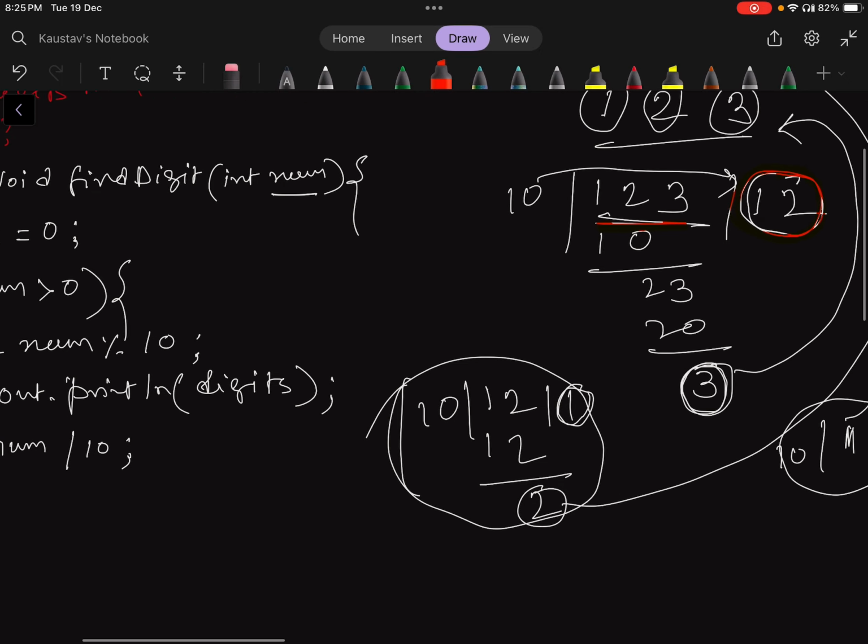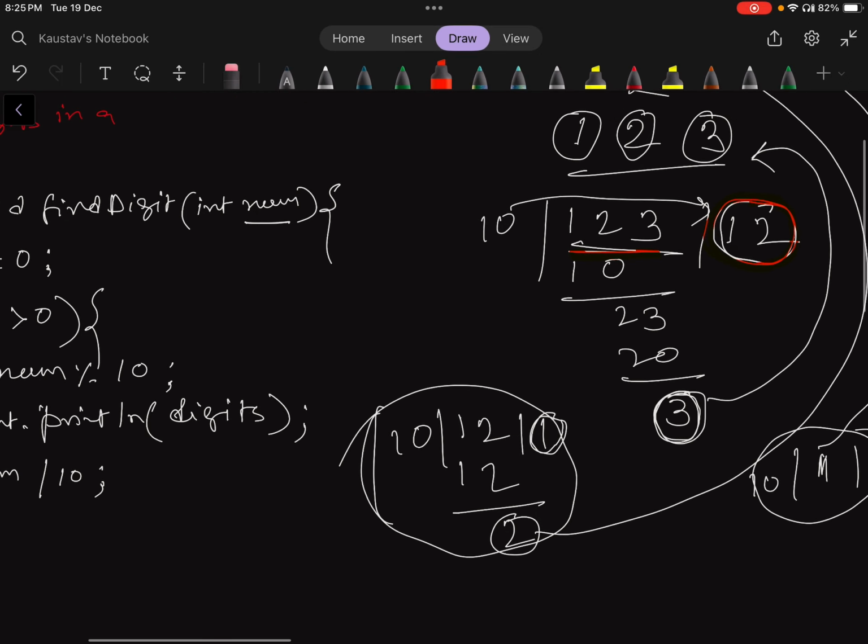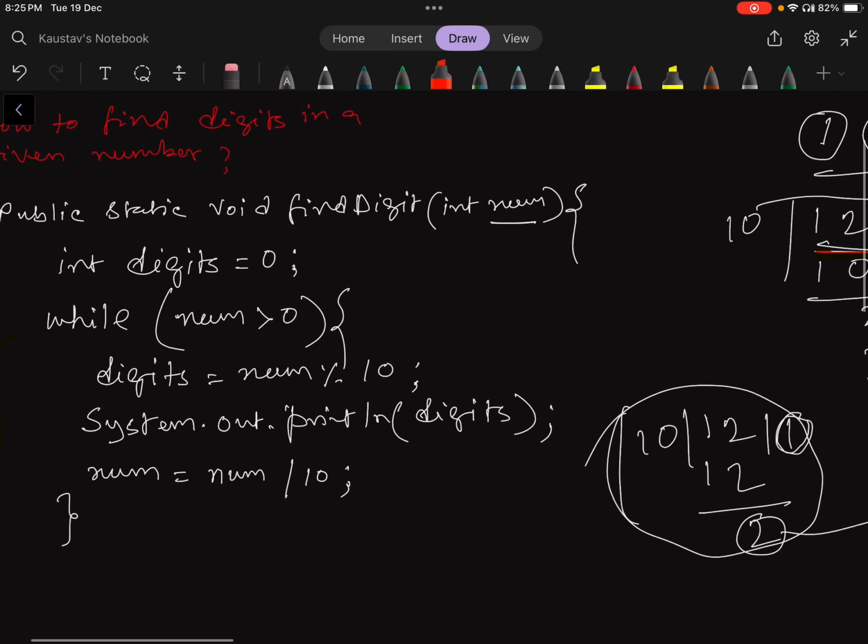Because we use the decimal number system, we will divide the number by 10 and whatever the remainder we get will be the digit. But every time we divide the number by 10, the quotient is the one which is remaining, right? So this will make sure that the number is getting reduced every time.